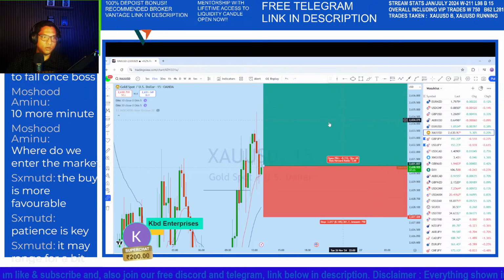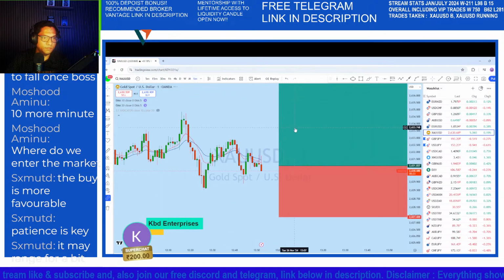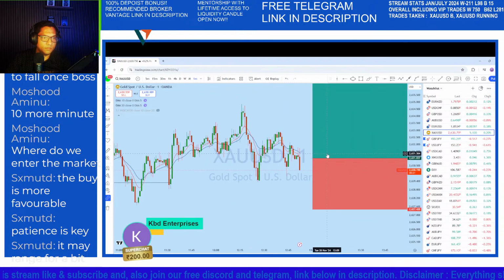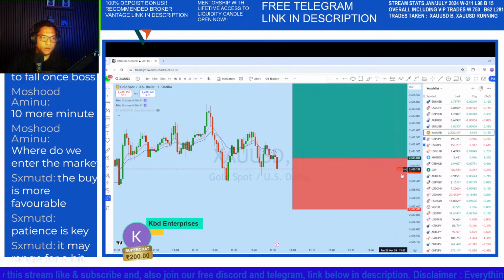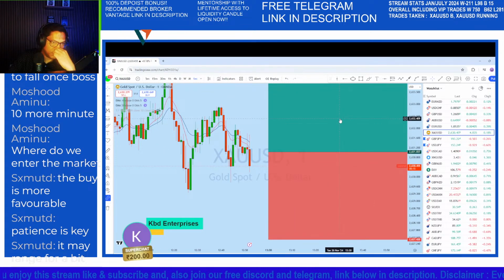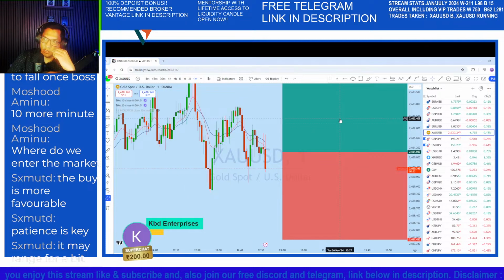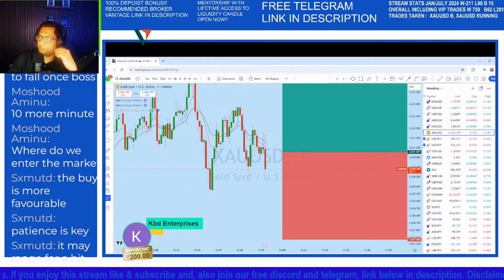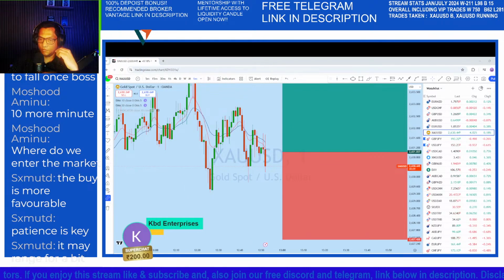Okay, so we are almost at entry, but again it's trying to grab more liquidity here at that support level. What's happening?